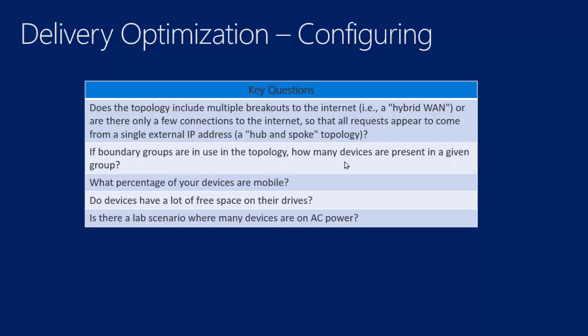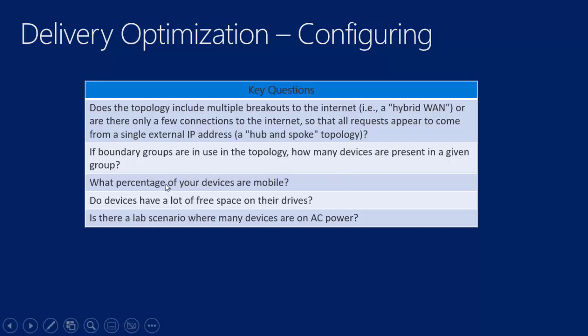Just ConfigMgr is not an option to help you shortcut that, right? And so, again, to be clear, you can do group IDs without boundary groups. It's just if you have ConfigMgr and you've established boundaries and you want to use those boundaries for establishing group IDs with delivery optimization, you can do that as a convenience, right?